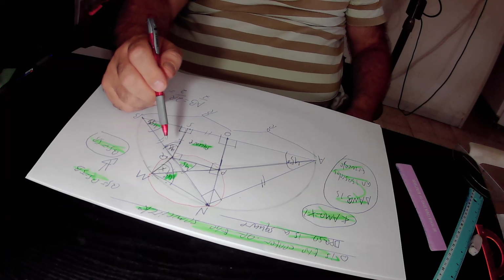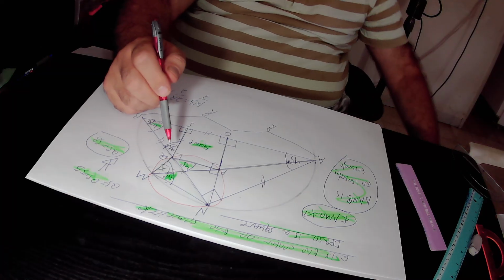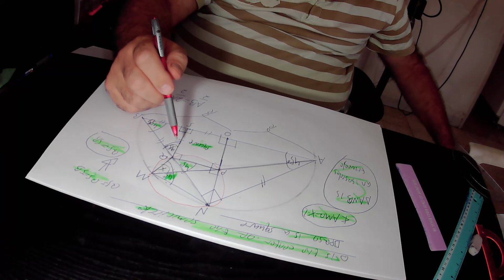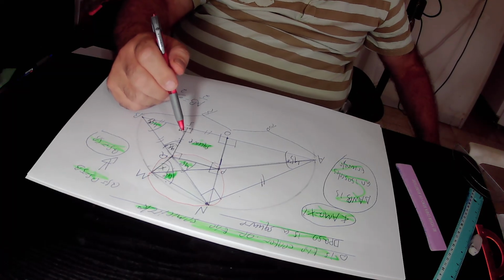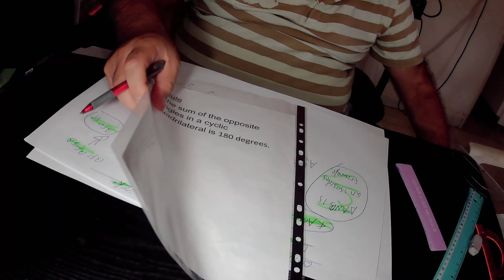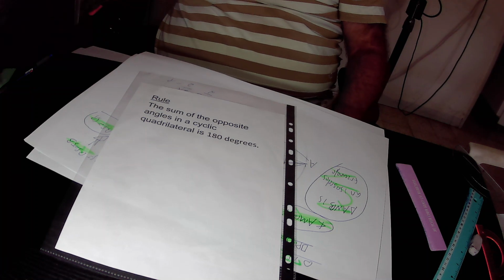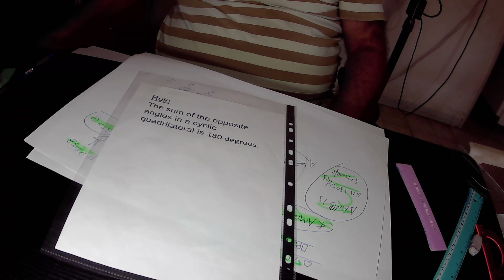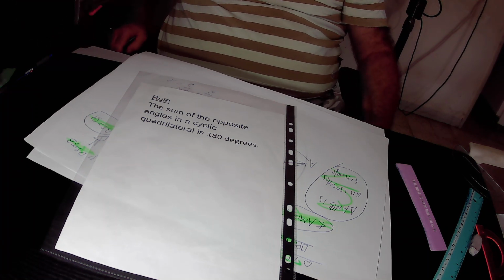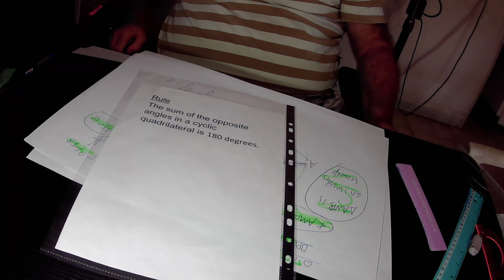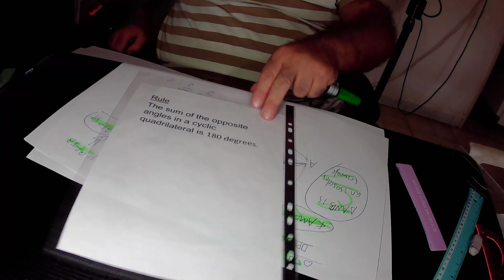Here we have the rule that states that the sum of the opposite angles in a cyclic quadrilateral is equal to 180 degrees. Again, the sum of the opposite angles in a cyclic quadrilateral is equal to 180 degrees.